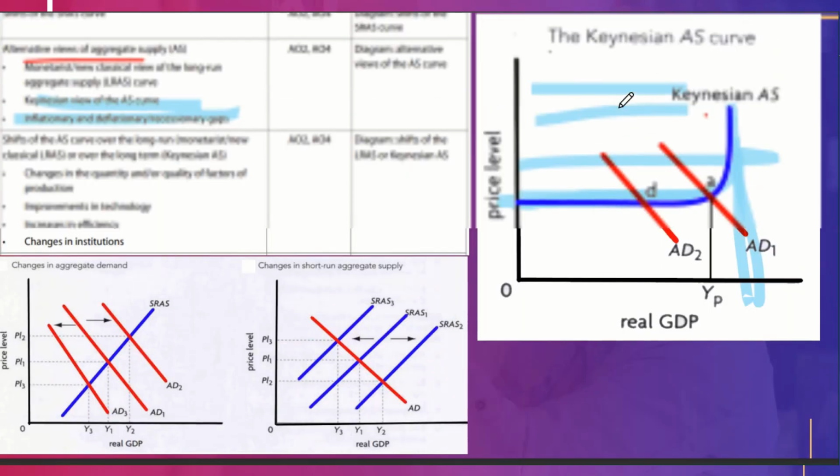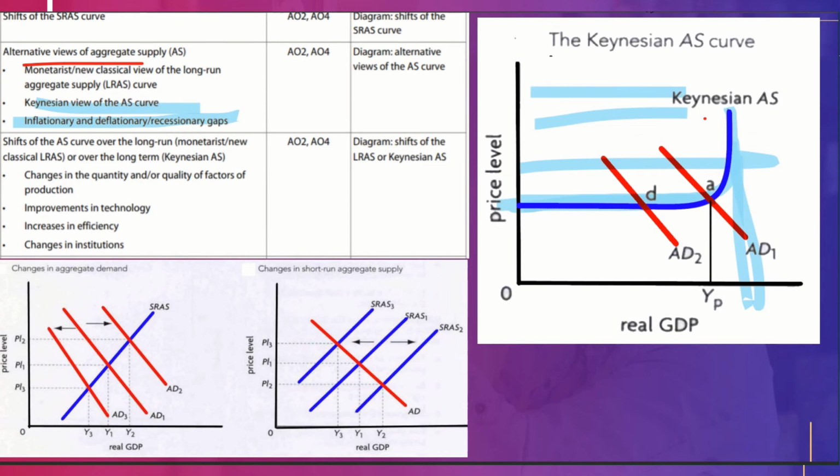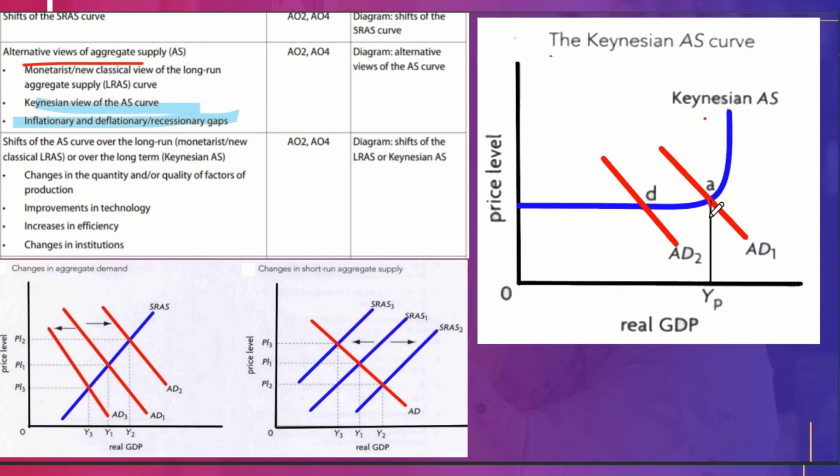Okay, in the case of classical view, Keynesian view also, we can say that this is the full employment level of GDP, right? So where the aggregate supply curve is changing its phase from horizontal to vertical, it is turning. This portion is said to be the full employment level.